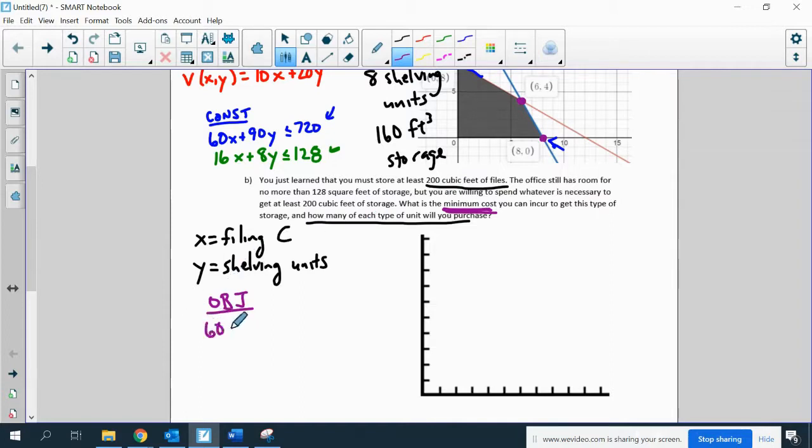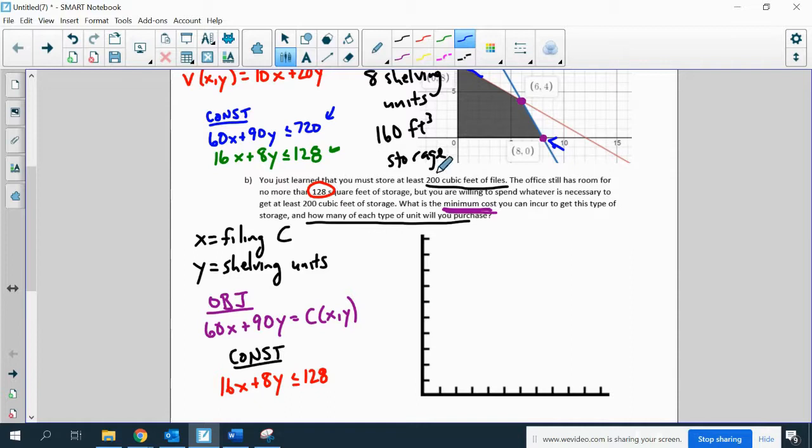So my new objective function is 60x plus 90y, the cost function, and we're trying to minimize that. Our constraints are going to be, we still have this 128, so 16x plus 8y is less than or equal to 128.